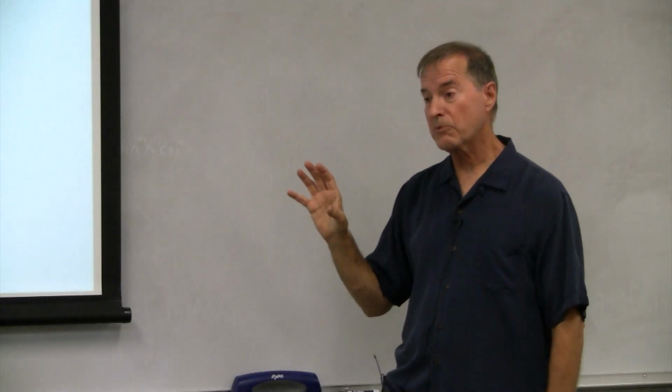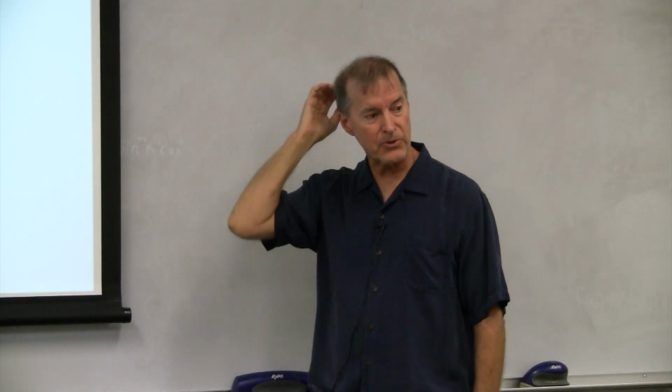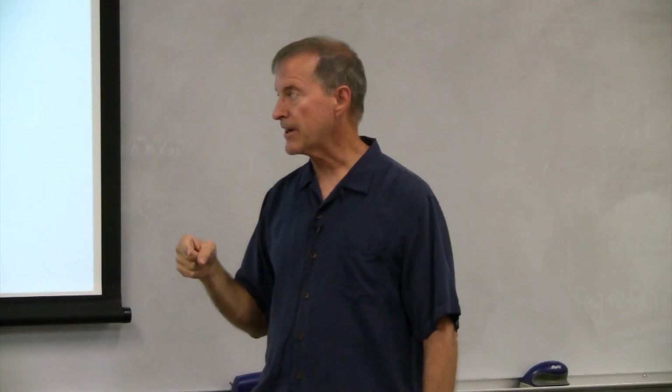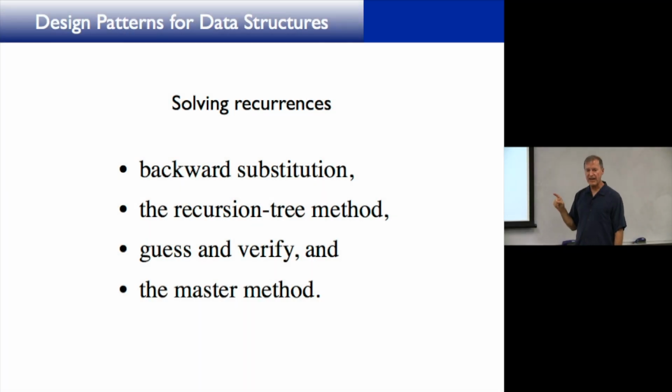Okay. When we do these algorithms, we're going to do lots of recursive algorithms, and we're going to have to be able to write down the recurrence. And now we need to be able to solve the recurrences. Here's the thing. There are 4 standard, well-known techniques for solving recurrences. At this point, we're going to assume that we have a recurrence, and we're going to solve it.